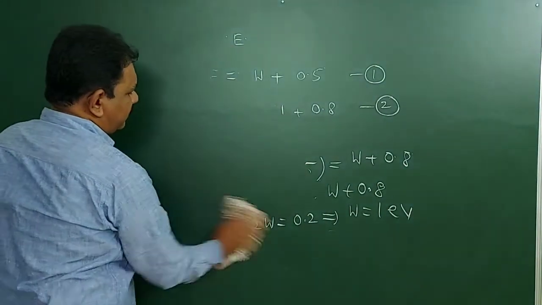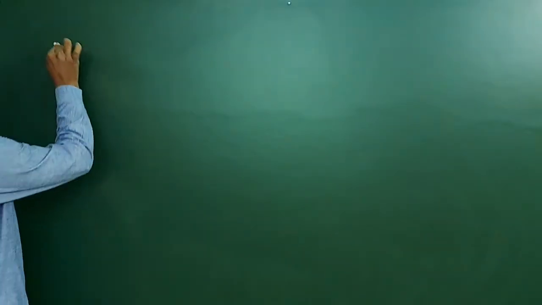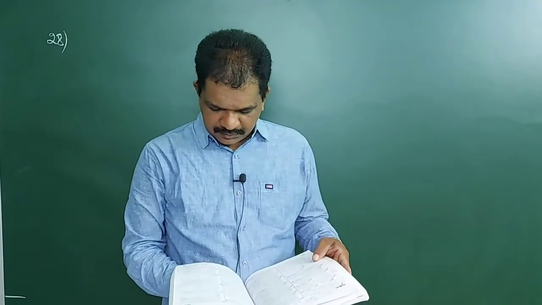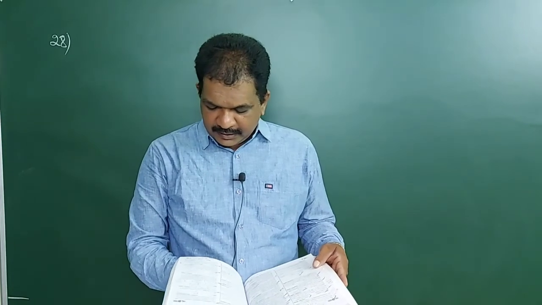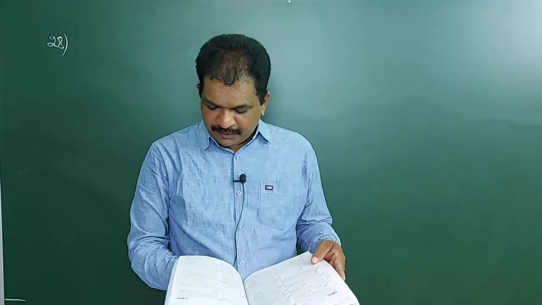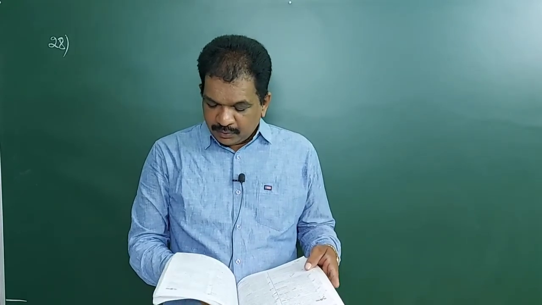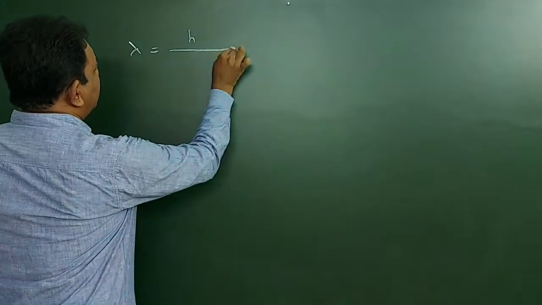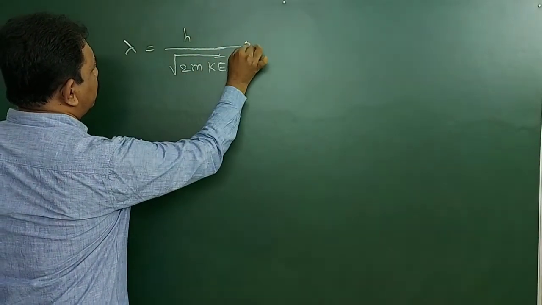28. What are they asking? If the kinetic energy of the particle is increased to 16 times the previous value, what is the percentage change in the de Broglie wavelength? Lambda is equal to h by root of 2m into KE.